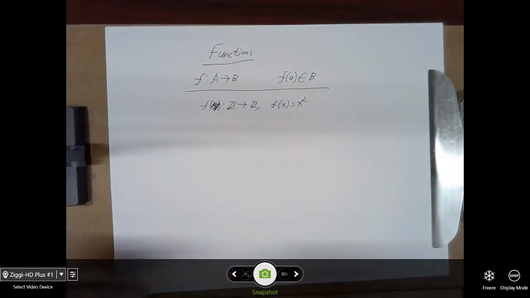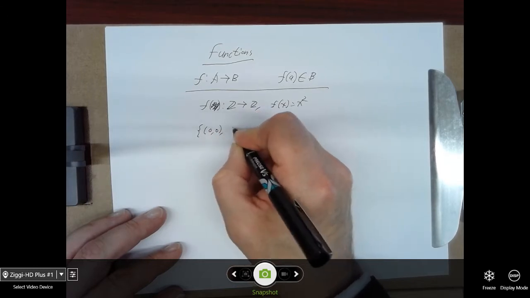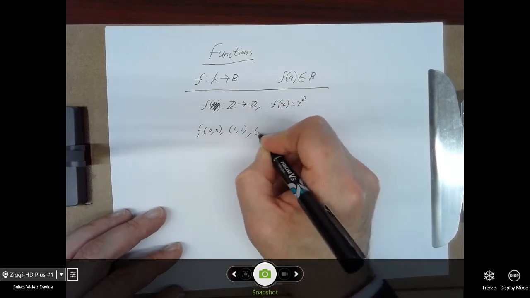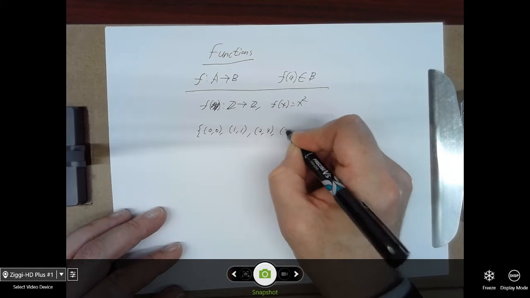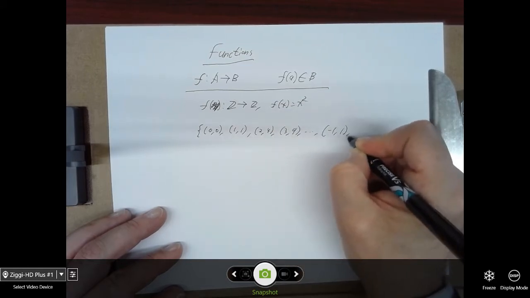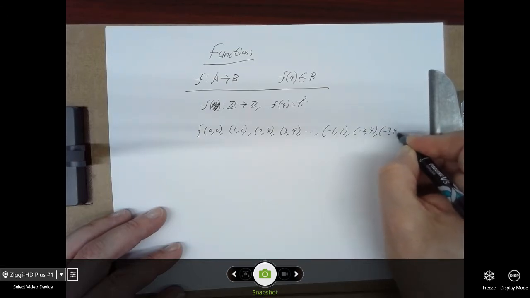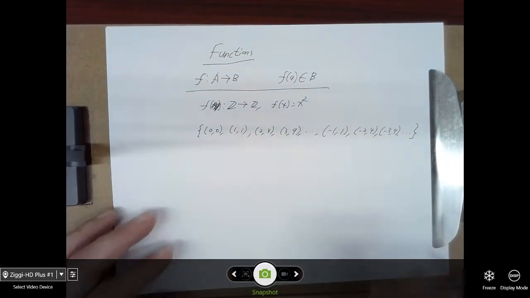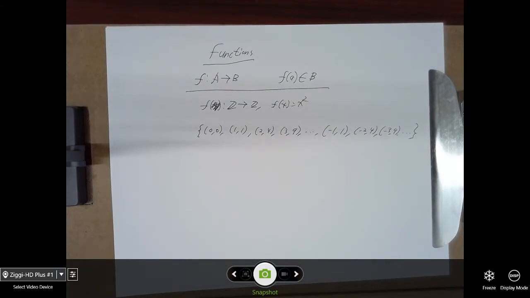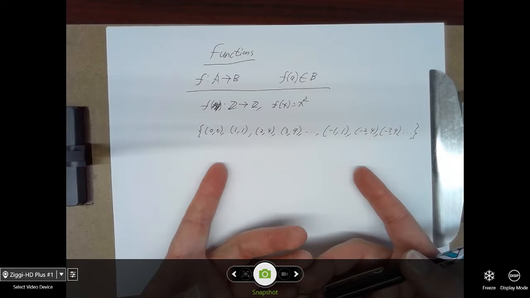We can express that function as a collection of ordered pairs, like so. And this is clearly a subset of the power set of Z cross Z.